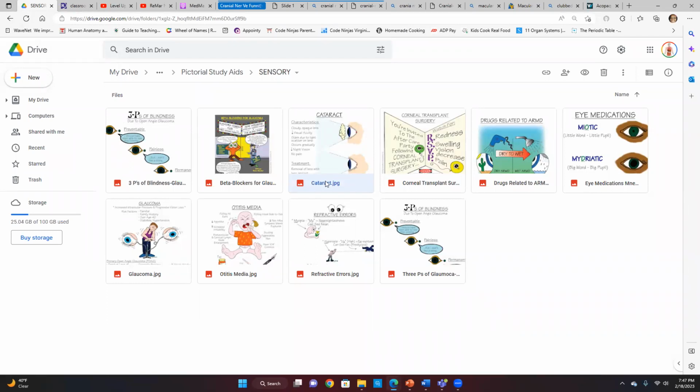So we just went over some test taking strategies, how to review things in the chapters, how to break things down using the Kaplan Decision Tree, and what's the best way to study before you get to class. So we're going to be looking at these sensory disorders because that's going to be something that I think you have coming up.